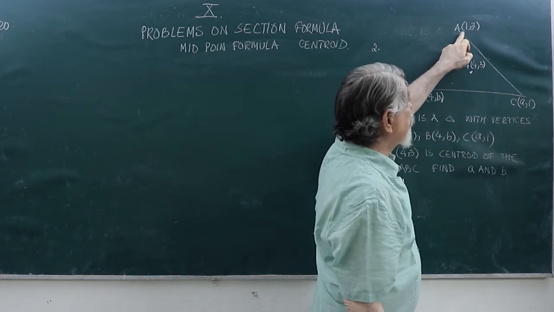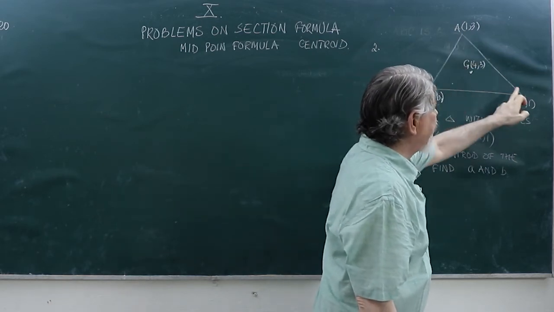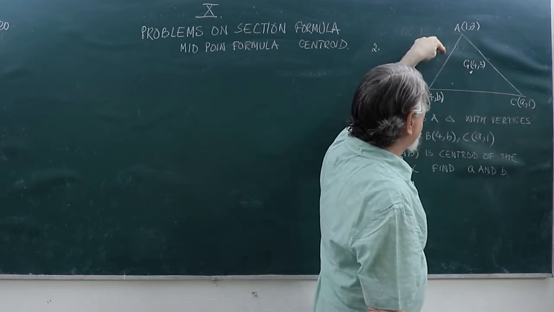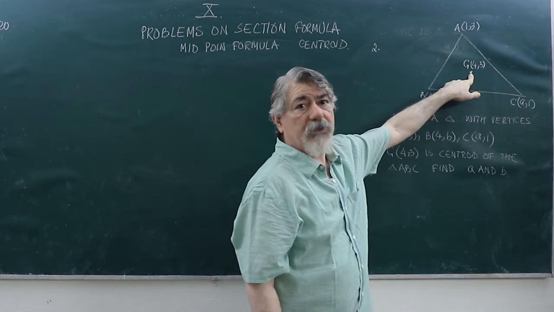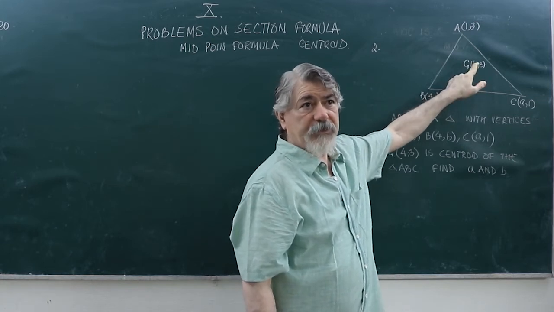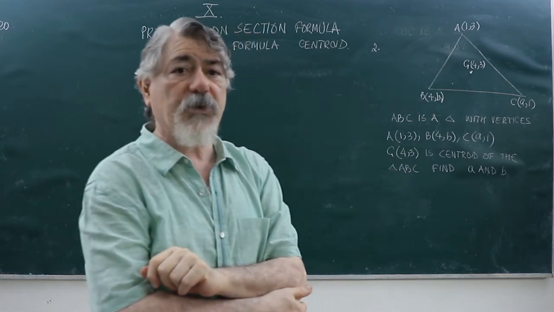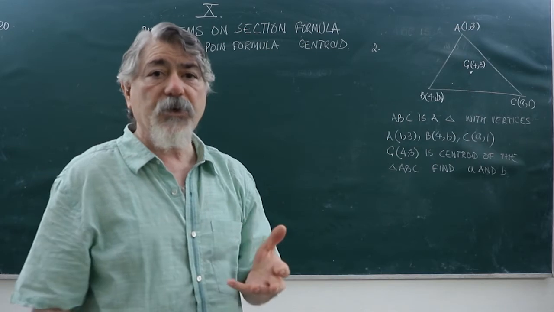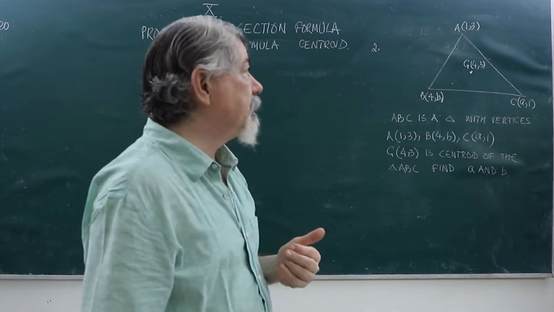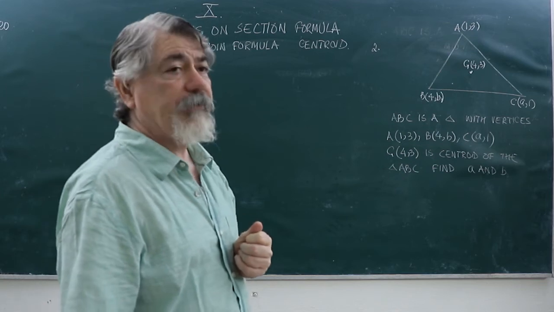That means if A joins the midpoint of BC, B joins the midpoint of AC, and C joins the midpoint of AB, then they will all pass through point G. This point G is called the centroid. The coordinates of the centroid are given as 4, 3. We have to calculate the values of a and b.